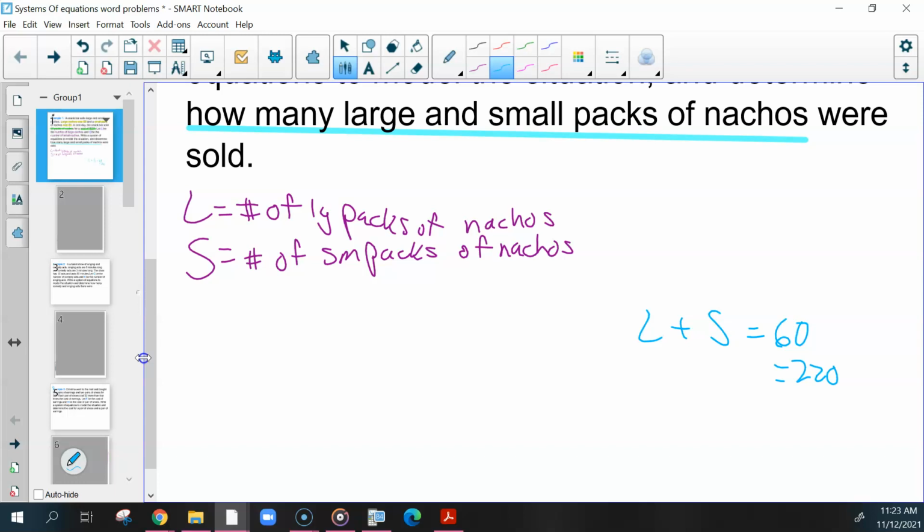For our total cost of 220, we need the cost of the nachos in addition to the number of nachos. So we're going to be multiplying the number and cost together. How do you think we would write that second one?